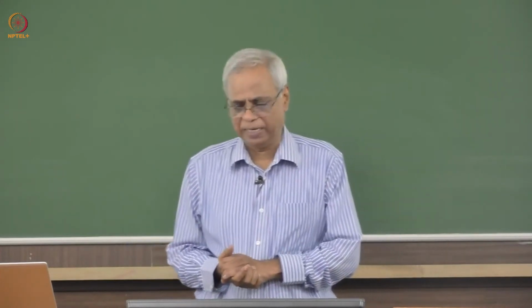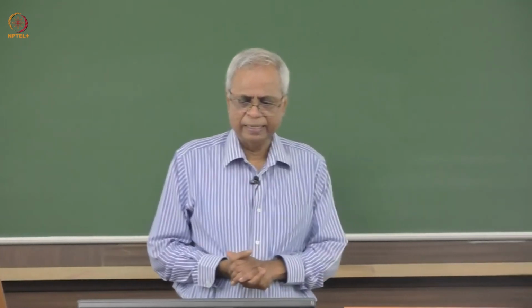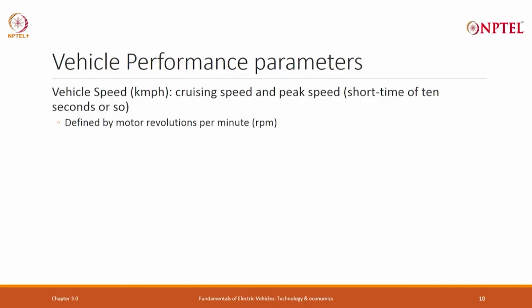This vehicle speed, I had done this: it is a cruising speed and a peak speed. Peak speed again is for a short period of time, 10-20 seconds. Cruising speed can be there all the time. This will be defined by motor revolutions per minute, RPM is used.